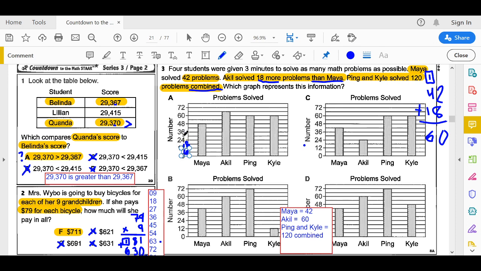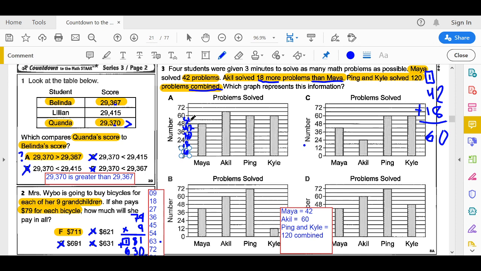24 plus 6 more, that is 30. So this line right here should be a 30. Okay, I hope you can see my 30 there. This one is 36. The next one is, again, I add 6. So 36 plus 6 more, that is 42. So this one should be a 42 right here. Then is 48, that we already have. 48 plus 6 more, that is 54.